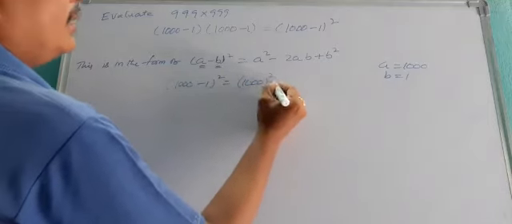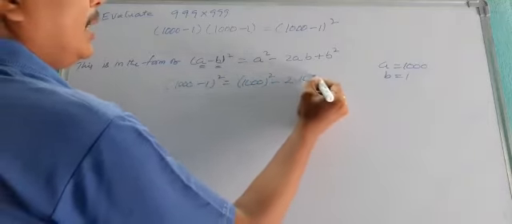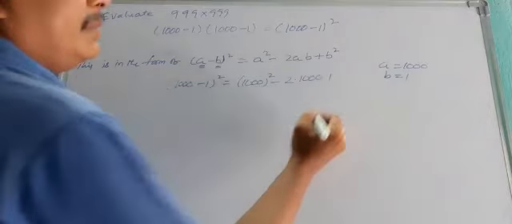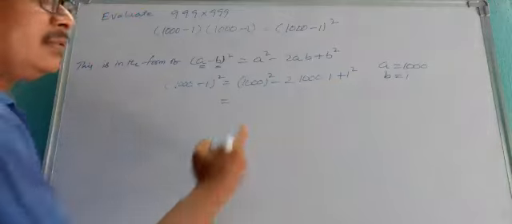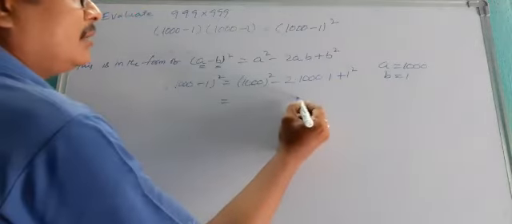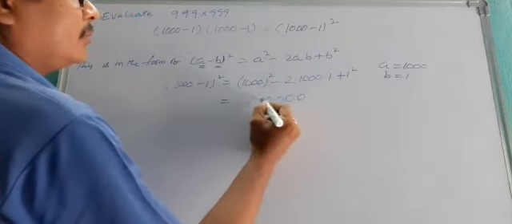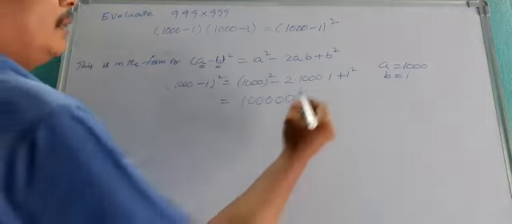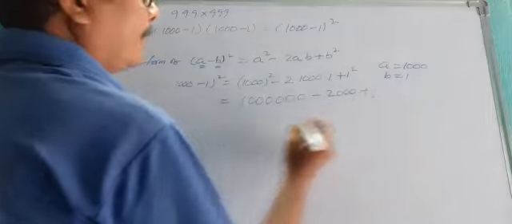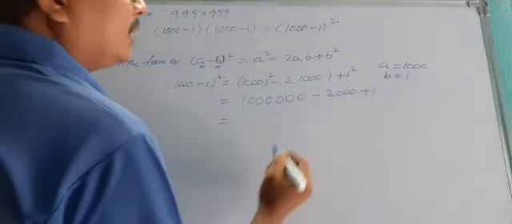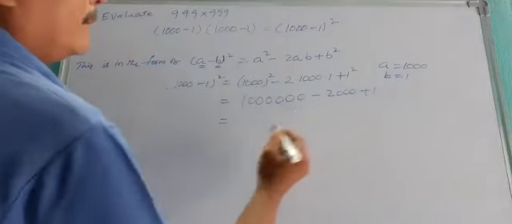1000 whole square minus 2, a means 1000, b means 1, plus 1 square. So 1000 square means we have 3 zeros, we write 6 zeros. And 2000 plus 1. Substitute them and add 1.